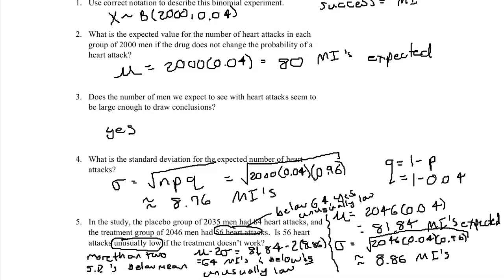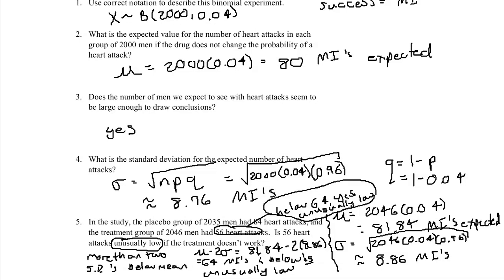So what this tells us is that either the medication does nothing and we got some crazy group with an unusually low number of heart attacks, just by chance. Not very likely. Or our assumption about the probability of having a heart attack in this group is wrong. It's not 0.04.